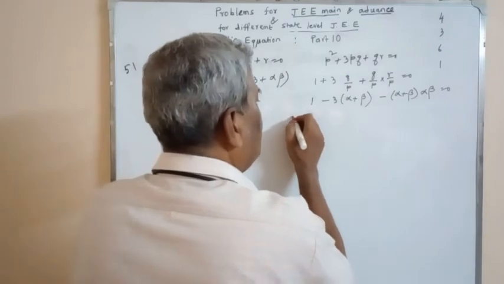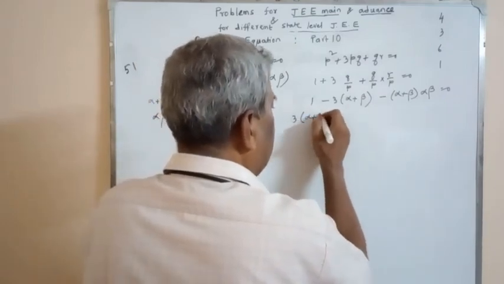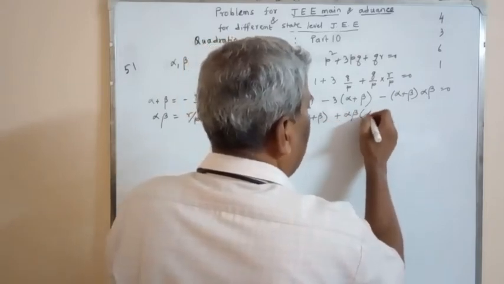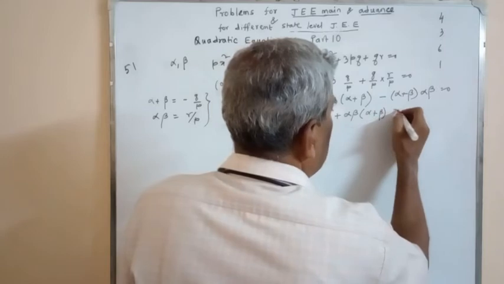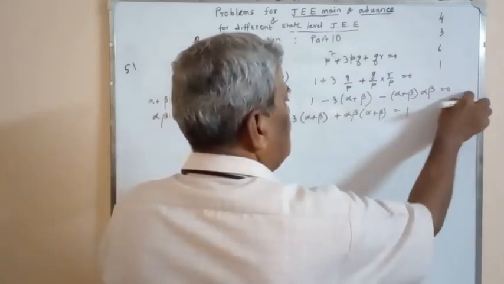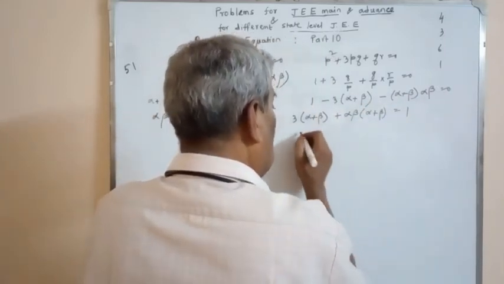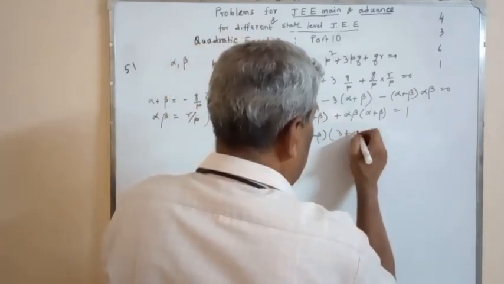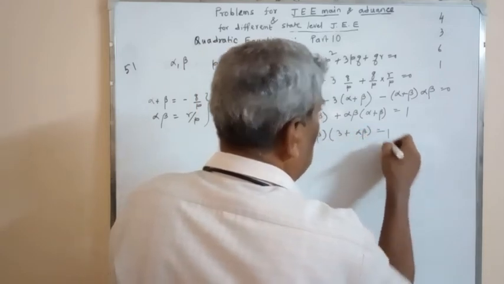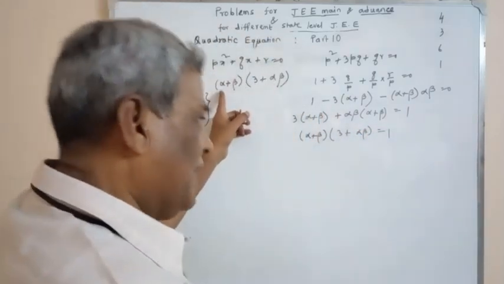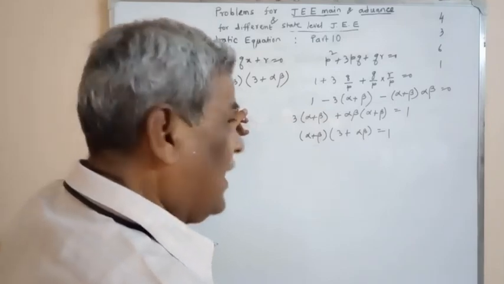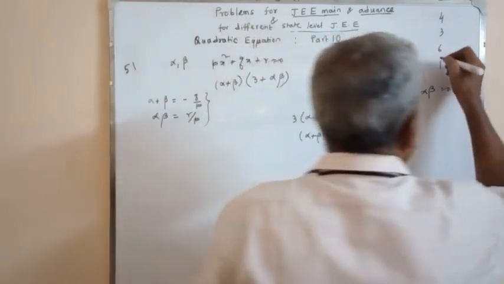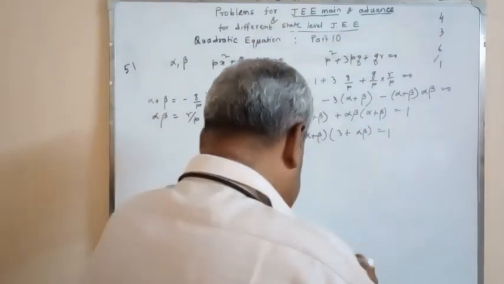So we have 3(alpha plus beta) plus alpha beta into (alpha plus beta) is equal to 1. Taking alpha plus beta common, (alpha plus beta)(3 plus alpha beta) is equal to 1. So the required expression has value 1, and option D is correct.